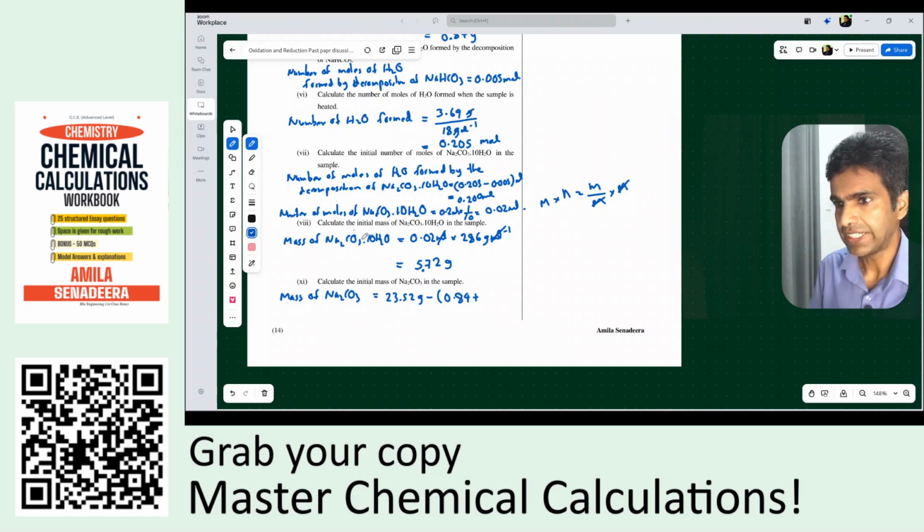Mass of hydrate of sodium carbonate, 5.72 grams. 23.52 grams minus 0.84 minus 5.72. 4 plus 2, 6, 8 plus 7, 15, 1 remains, decimal place, 0 plus 5, 5 plus 1, 6.